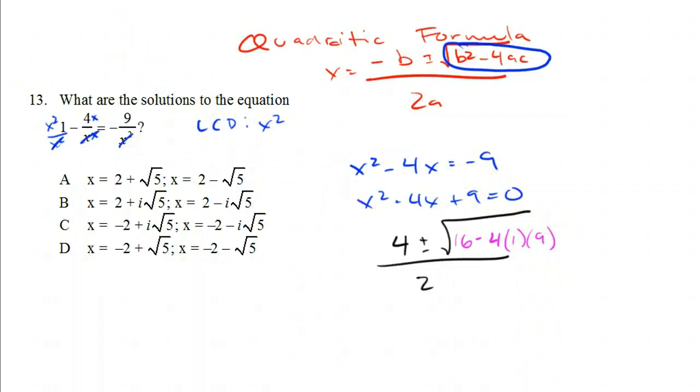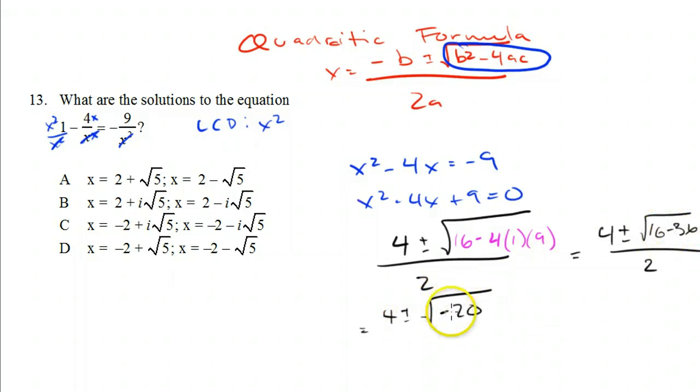And now let's see what happens here. Simplifying this just gives me 4 plus or minus the square root of 16 minus 36, over 2. And simplifying that more, we get 4 plus or minus the square root of negative 20 over 2. And then we have to simplify that negative 20.